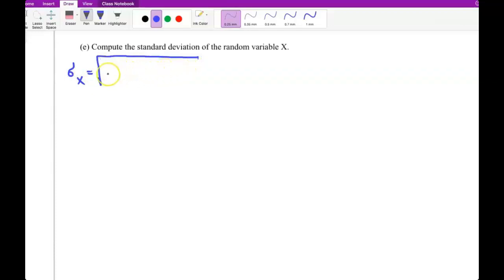square root of sum of what the value is minus mean. I'm using the one that we got using TI-84. So for mean we got 5.8 times probability of x.